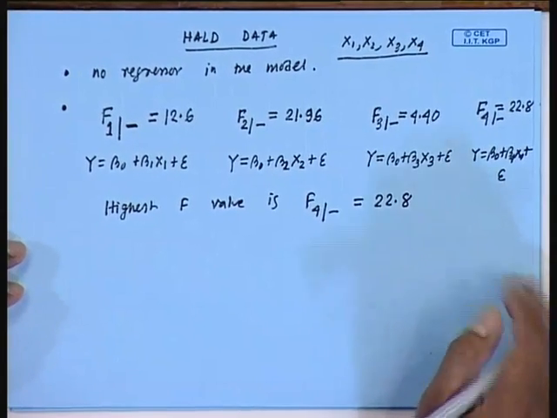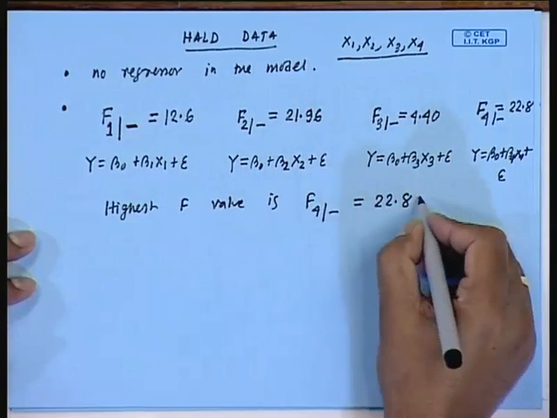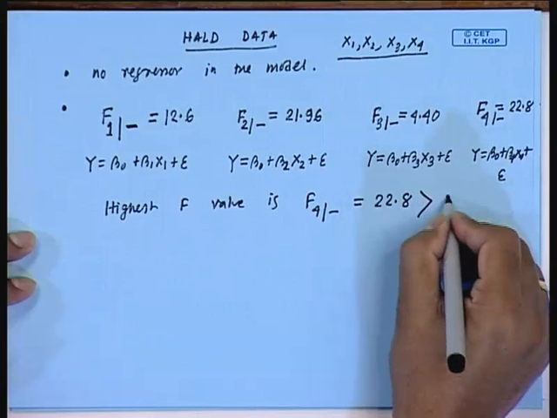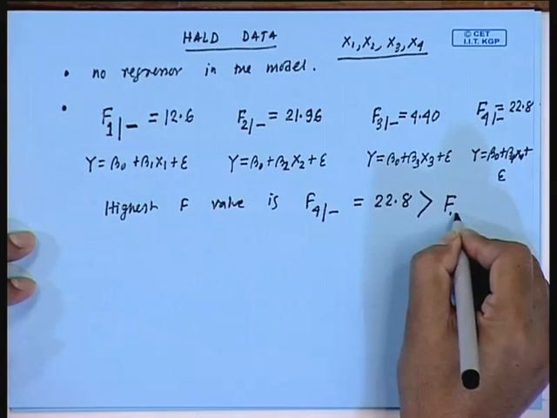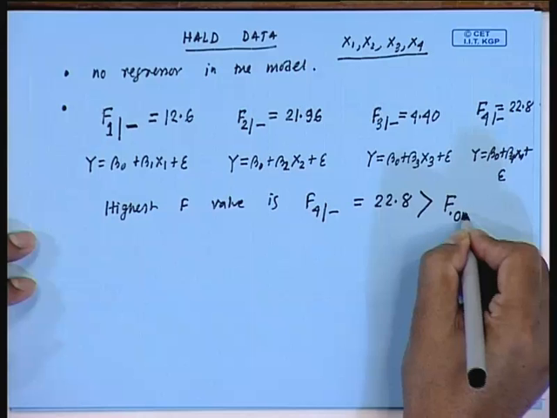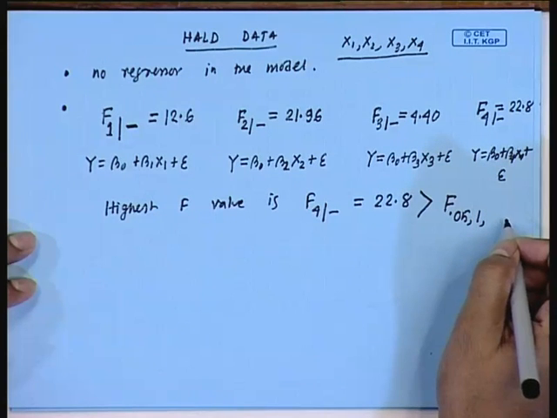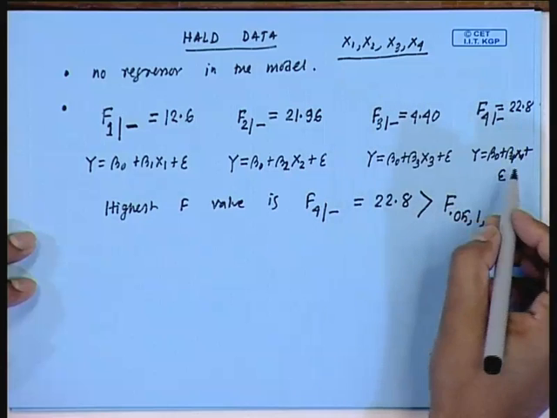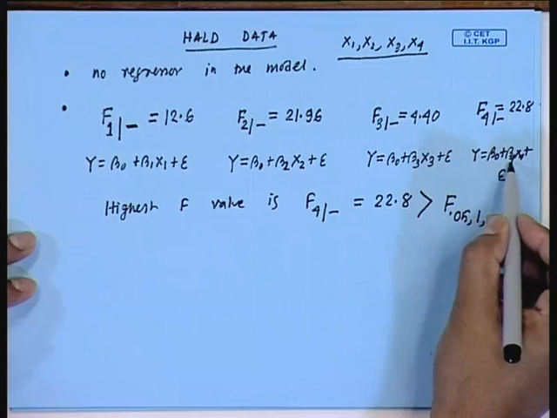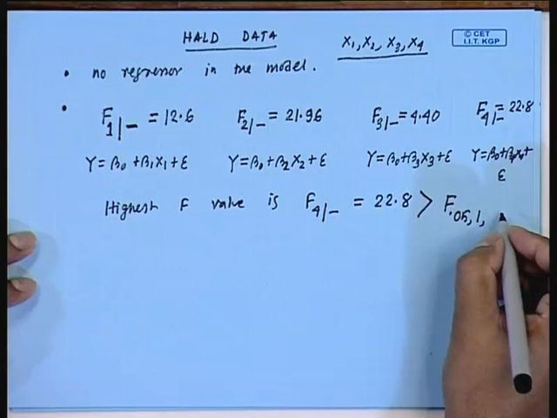This value is also greater than F0.05, 1, and the residual degrees of freedom. Here you have only 2 unknowns in the model, so 13 minus 2, that is 11.